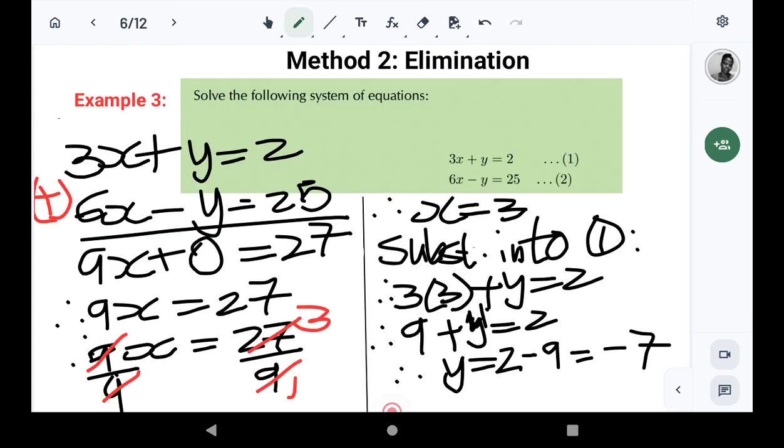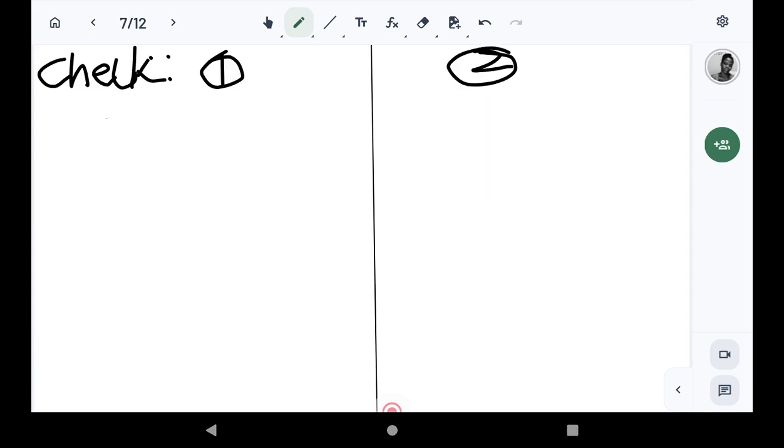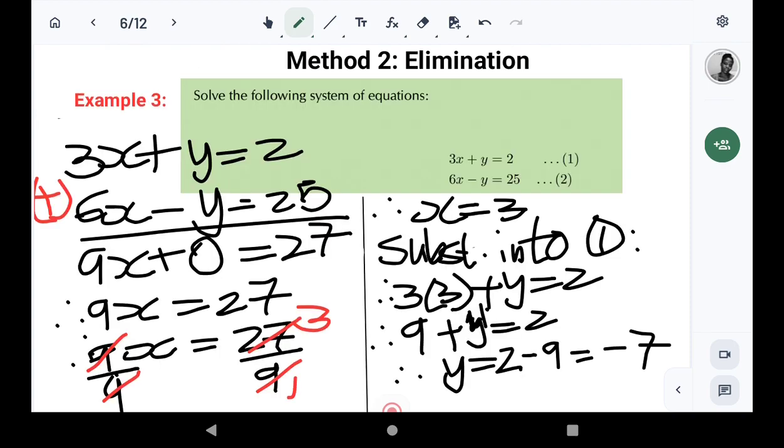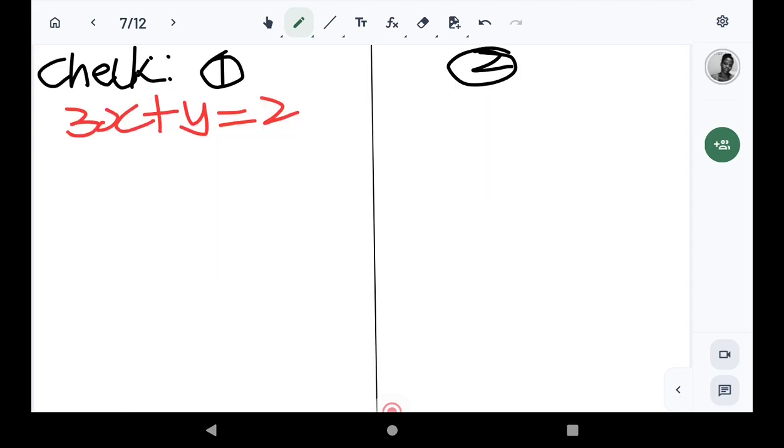The first one is 3x plus y equals 2. And the second one is 6x minus y equals 25.